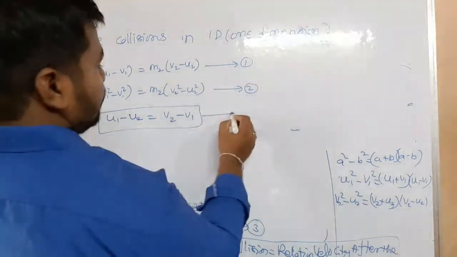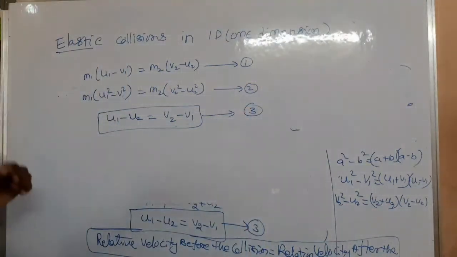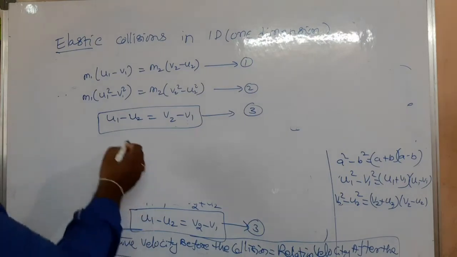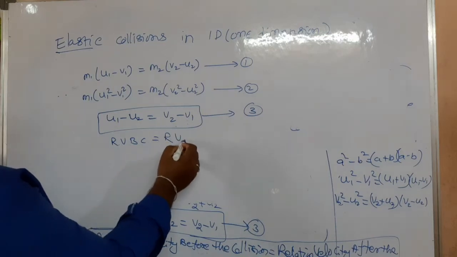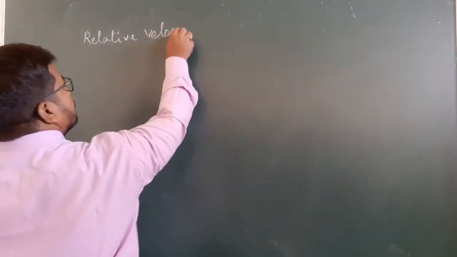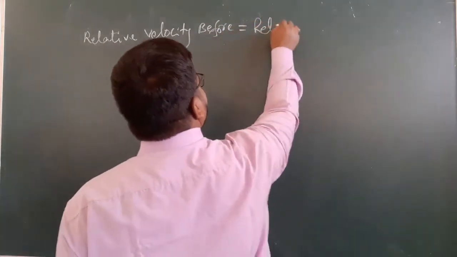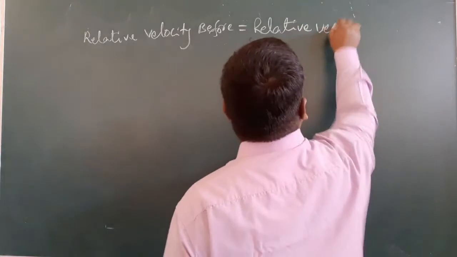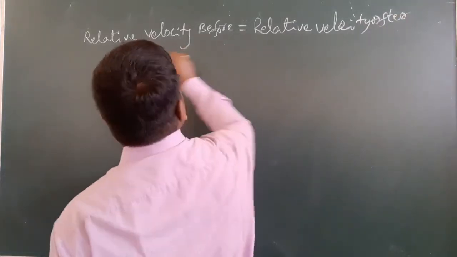This is equation 3. So we can say relative velocity before the collision is equal to relative velocity after the collision. Understand?